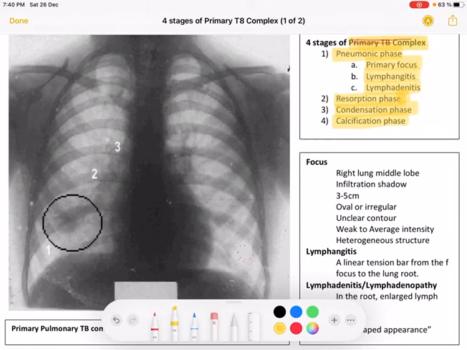Now we will see what the changes in the focus are, and where the focus is. The primary focus, component number one, is present in the right lung, middle lobe, as an infiltrative shadow, 3 to 5 centimeter, oval or irregular in shape. Contour is unclear. Intensity previously was weak, now it is average, with a non-homogeneous or heterogeneous structure.